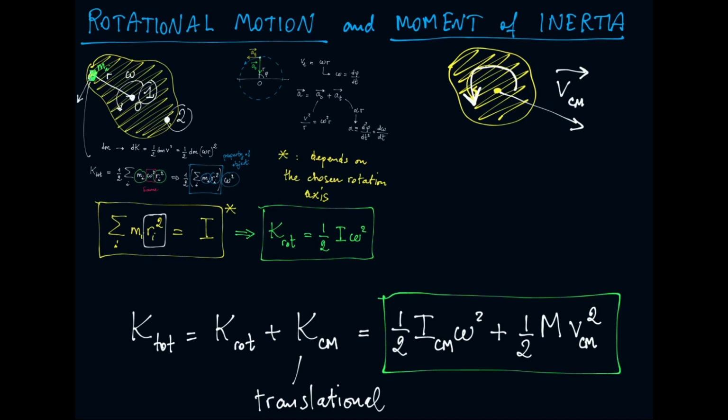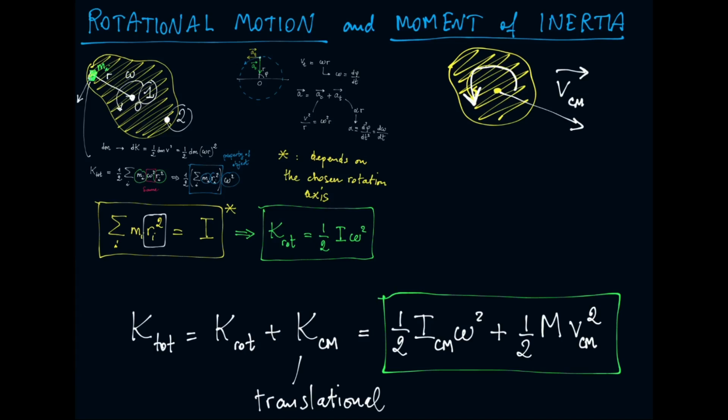There are instances, and we will study one very famous application, which is rolling motion, where you have both an object that is moving collectively in space and also spinning or rotating, and in that case you have this type of expression.